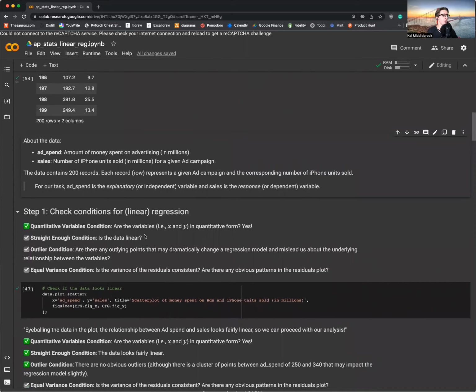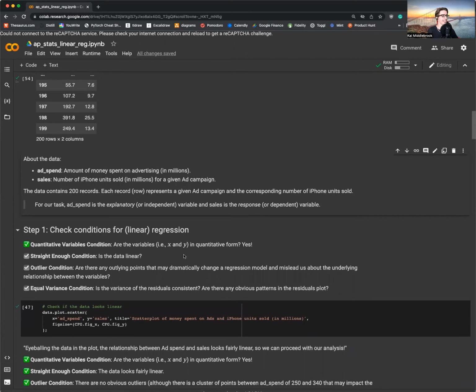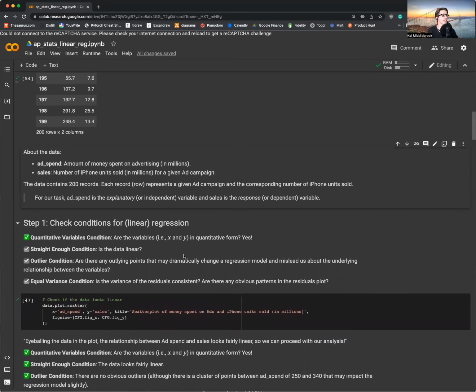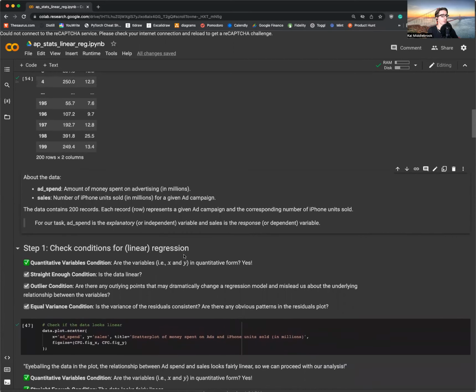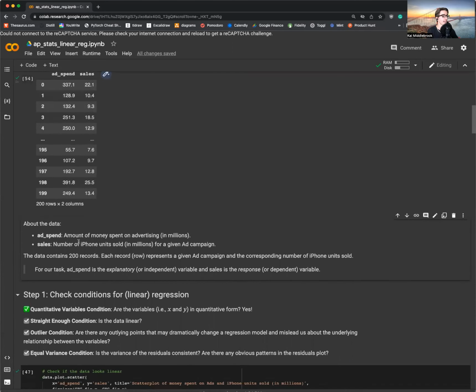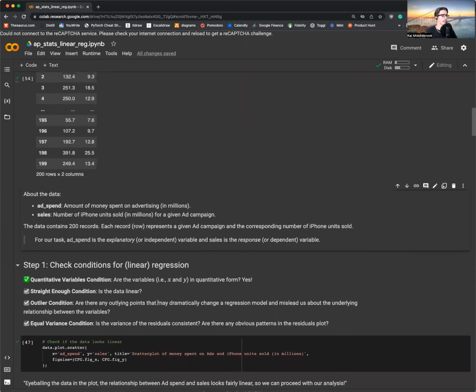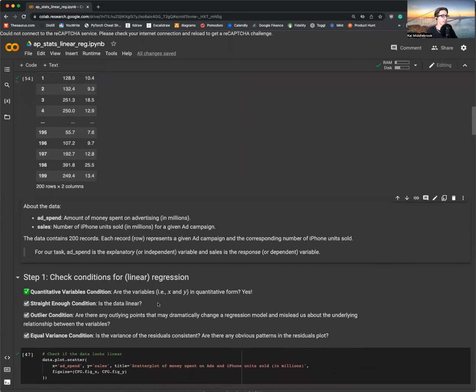And all of you who have taken or are in AP statistics will be very familiar with these conditions, or at least you should be. So the first one is we have to make sure that our variables are quantitative. And we see from our data up here that that condition has already been met, which is a good thing. Now there are 3 other conditions we need to meet.